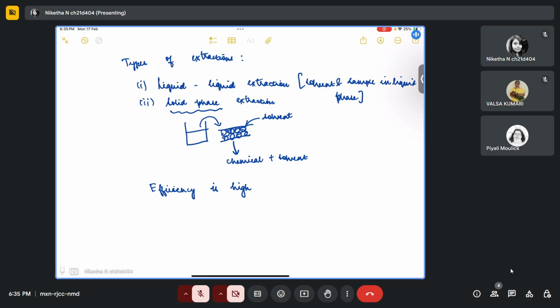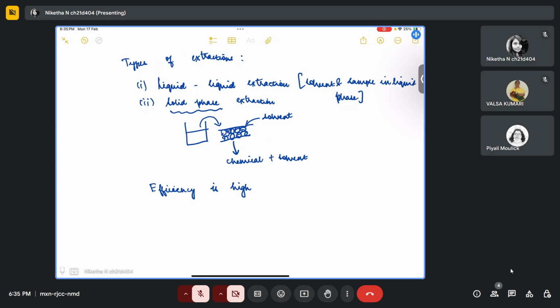The concentration of the chemical in the solvent will be less, that is, below the detectable limit in the instrument. That may not always happen that way, but there is another thing.